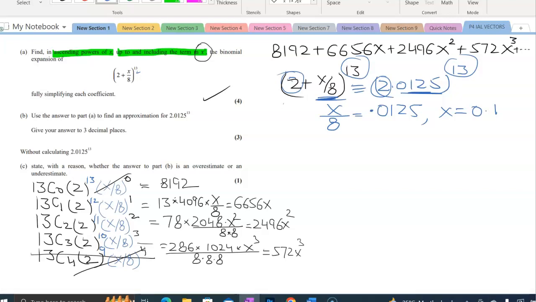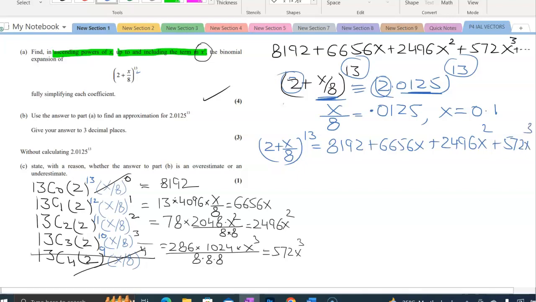So to get this value, 2 plus x over 8 to the power 13 is equal to 8192 plus 6656x plus 2496 x square plus 572 x cube.